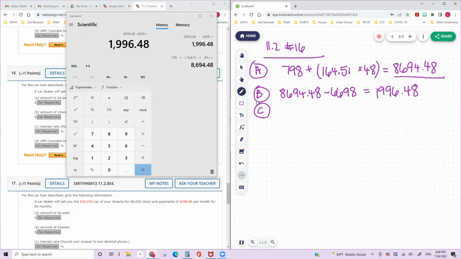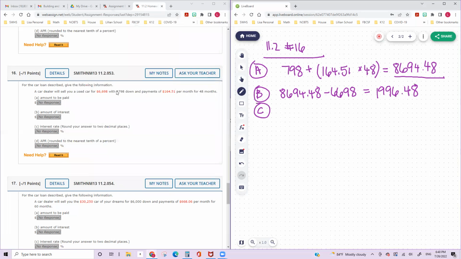So now part C. Part C says they want the interest rate. Okay, so now we have to do a little bit of figuring out. We have our formula, interest is equal to principal times rate times time. I'm just looking for this rate. I'm going to rearrange this formula. So this is where algebra comes in a little bit.